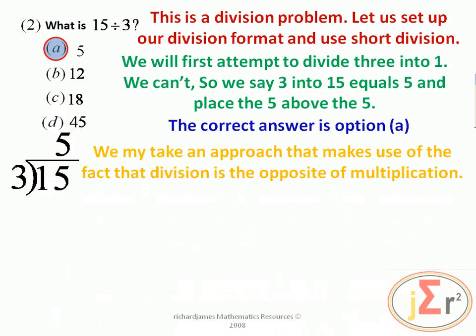We may take an approach that makes use of the fact that division is the opposite of multiplication. So we may solve this problem in another way. Division is the opposite of multiplication. And if we understand our multiplication tables, then division is very simple to us.